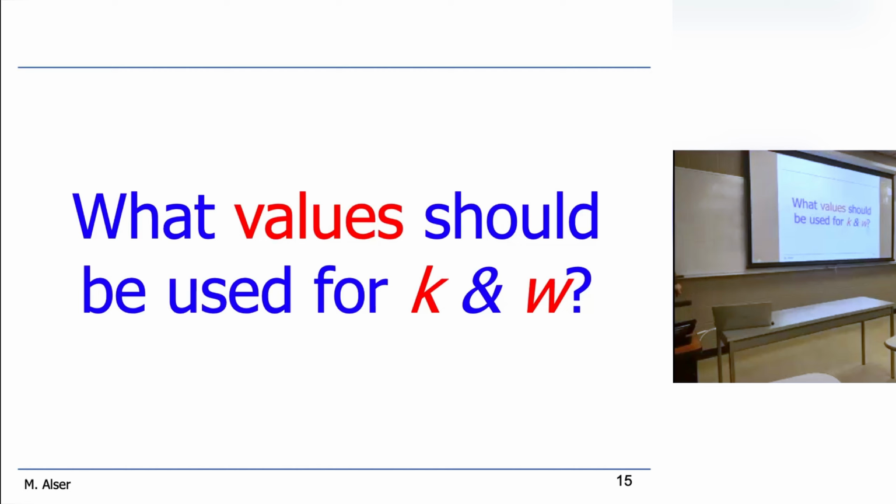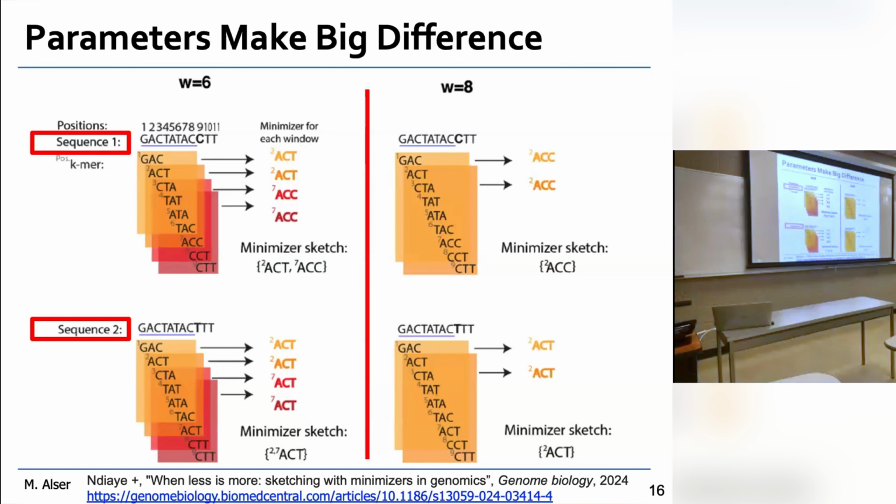Now, your question: what value should we use for K and W, right? Now let's see that example. We have a sequence over here. We have the exact same sequence over here, but we change one character. We replace the C over here with the T, okay?